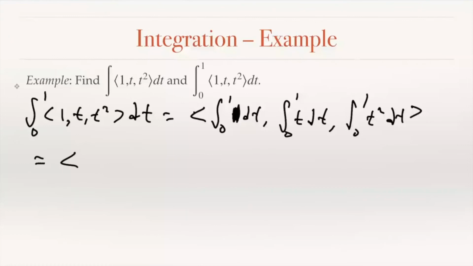And we all know how to take definite integrals of functions like this, and that is 1, comma, 1/2, comma, 1/3. If you're not sure where these came from, definitely review your definite integrals from Calc 1.